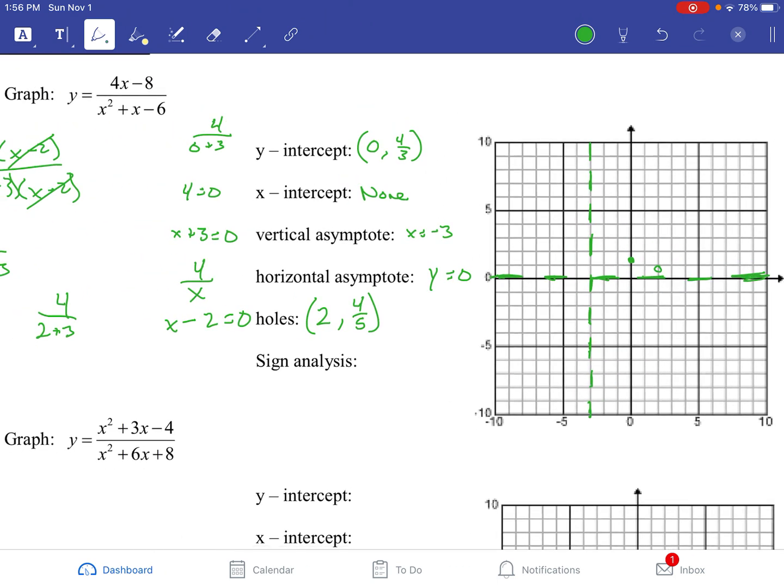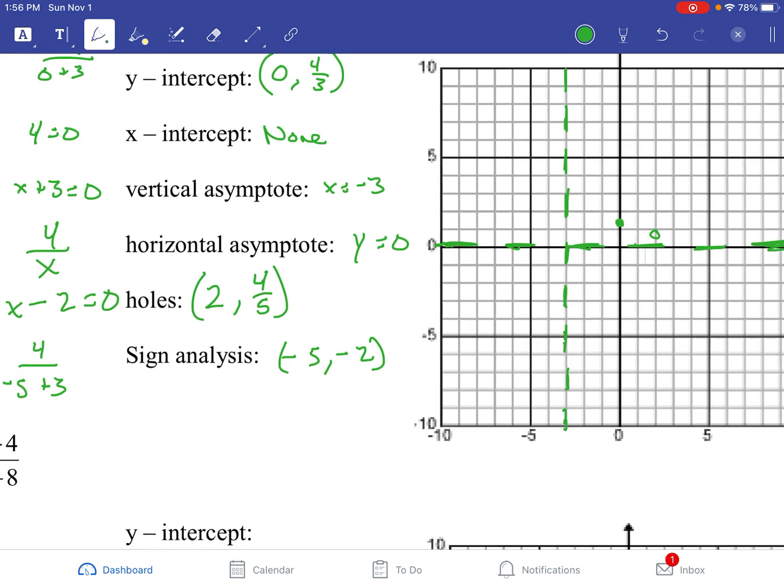Now for sign analysis, we have a hole and a point on the right-hand side of our vertical asymptote, but we have nothing on the left. So I'm going to make up a number, -5, on the left of our vertical asymptote. I'm going to put that into our equation. We have 4 over -5 plus 3, which gives you 4 over -2, which is -2.